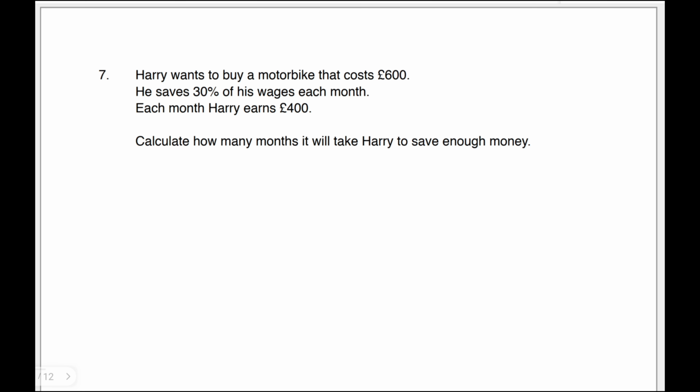Harry wants to buy a motorbike that costs £600. He saves 30% of his wages each month. Each month, Harry earns £400. How many months will it take Harry to save enough money? Simple. If he saves 30% of his wages every month and he earns £400, first we have to find 30% of 400, and that will be equal to 30 times 4, which is equal to 120.